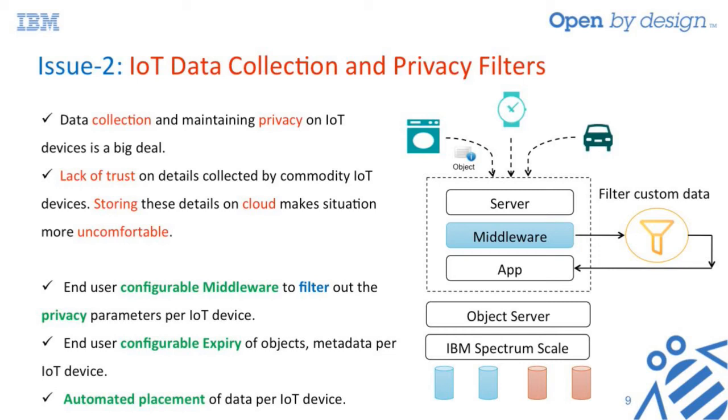The middleware can be told whatever comes from this device should be filtered in this way. It can also act based on metadata and can change the metadata as needed. Additionally, it can add expiration to the object and also automatically decide on the placement of the object. Such functionality helps to maintain privacy with the collected data.